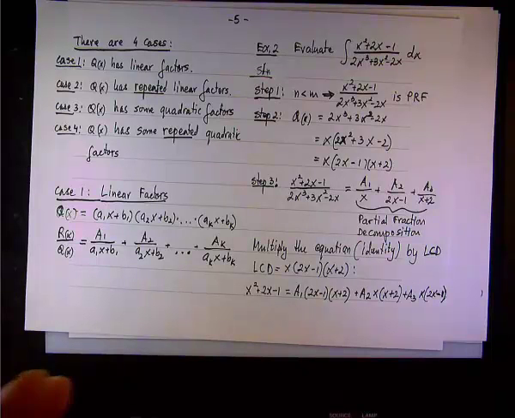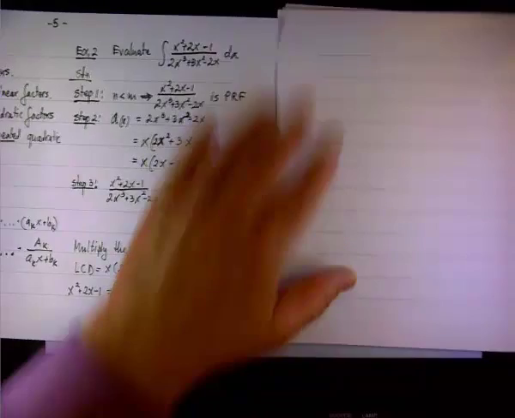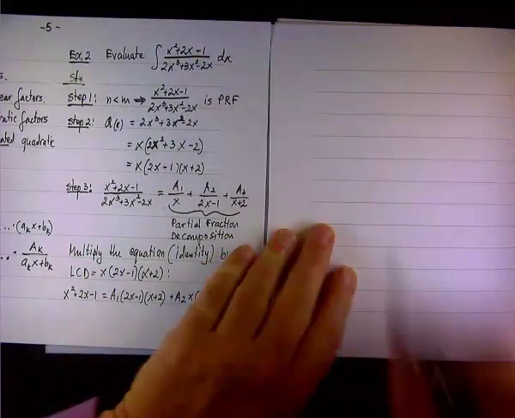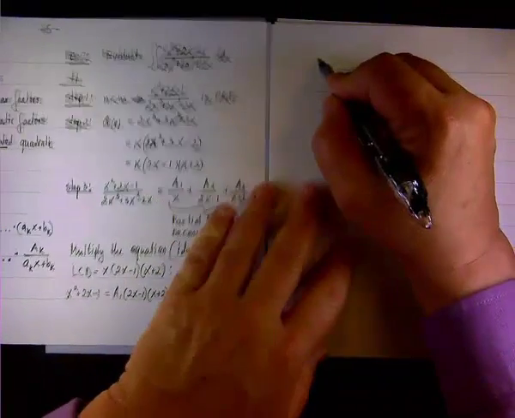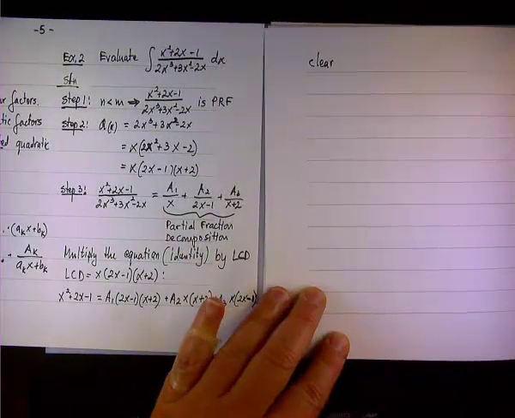Now, when we clear the parentheses here, we have something multiplying x squared. That something has to equal 1. We'll have something else multiplying x. That something has to equal 2. And then we have the free coefficients. Those have to be equal to negative 1. So by comparing the coefficients, we can solve for A1, A2, and A3.